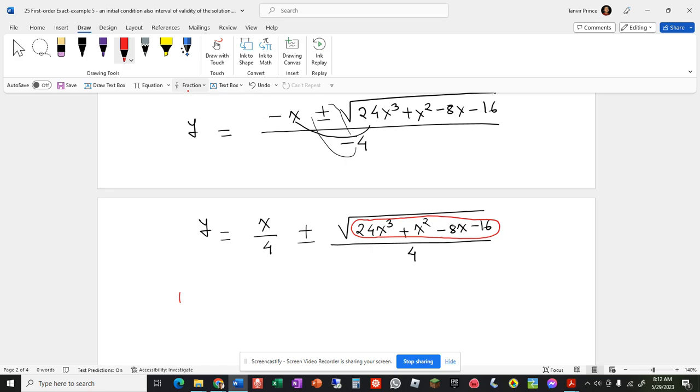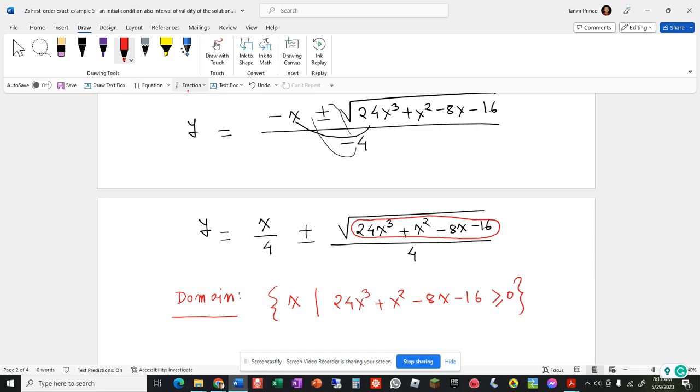The domain will be all values of x for which the inside is bigger than or equal to 0, it could be equal to 0, no problem.